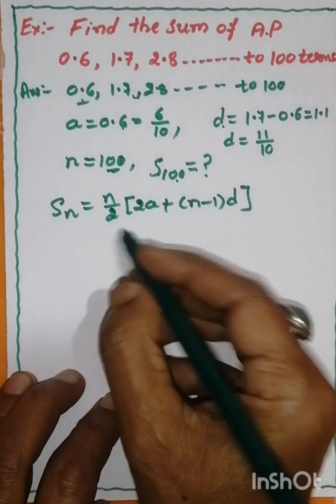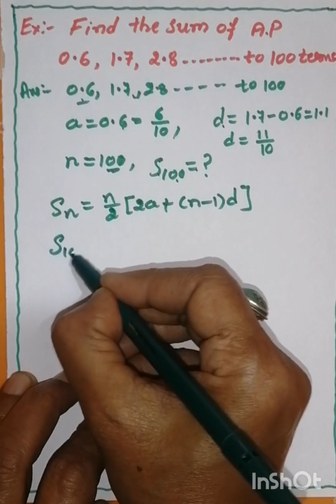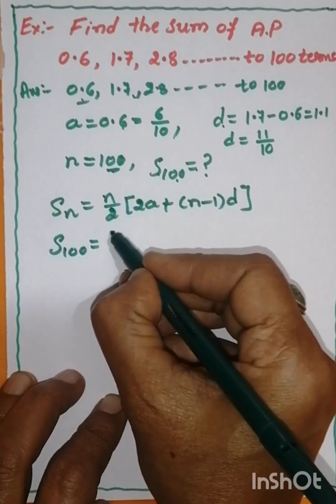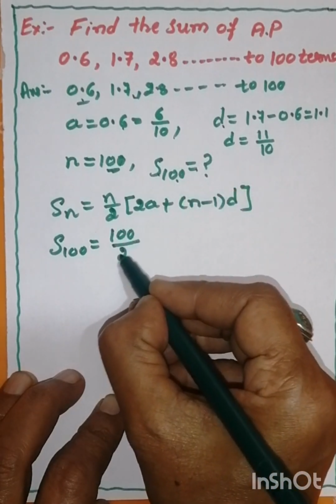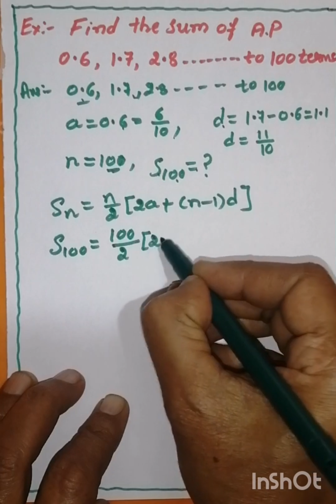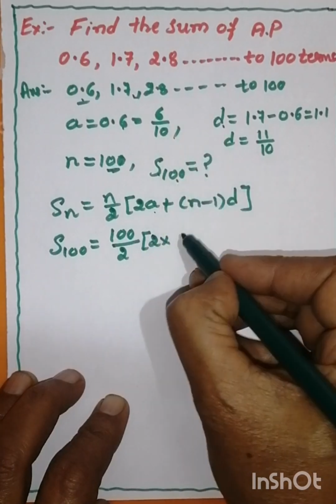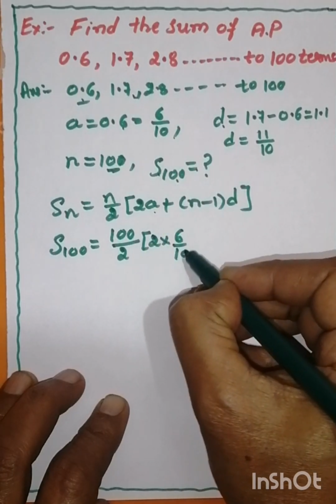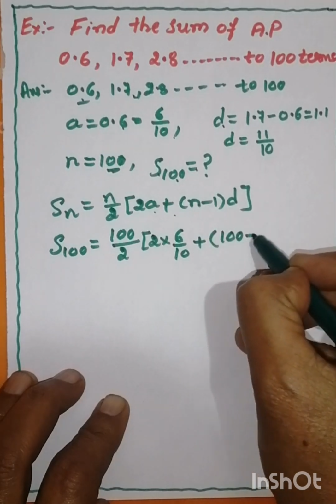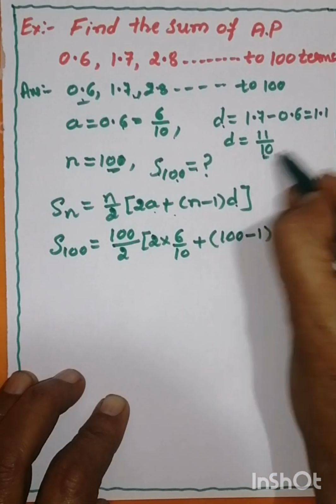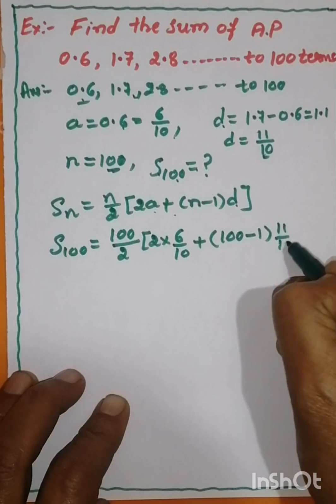Sum of 100 terms is equal to n, which is 100, divided by 2, into 2a, a is 6 by 10, plus n is 100 minus 1, d is 11 by 10.